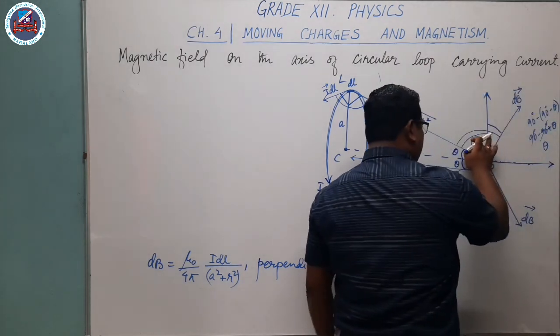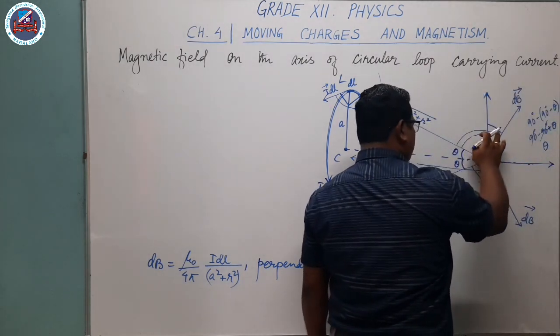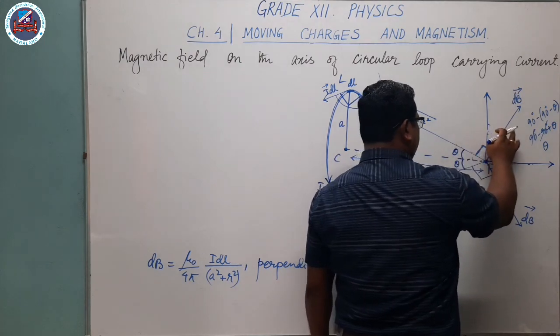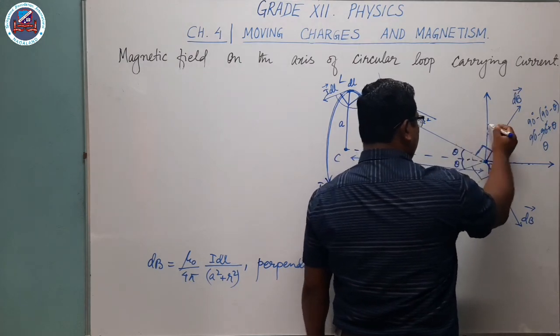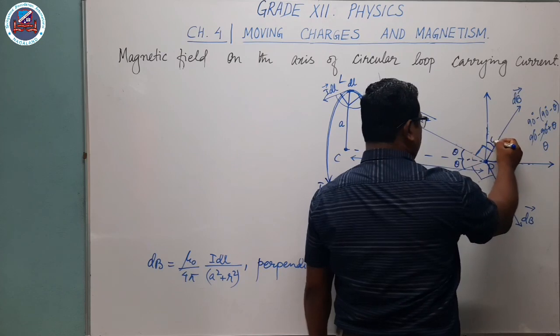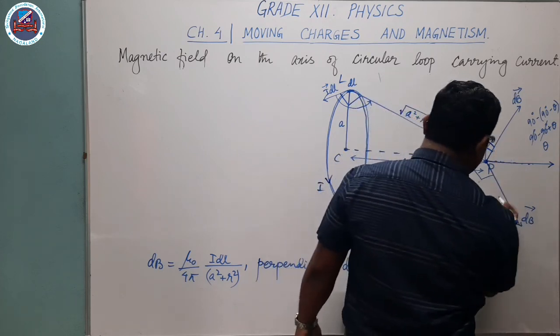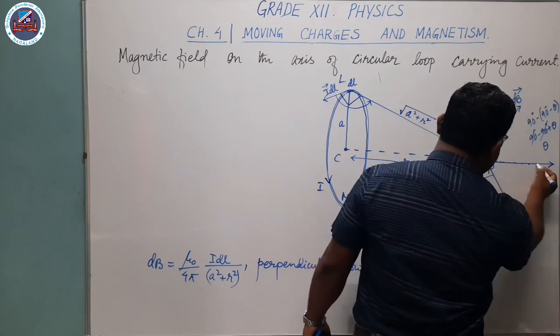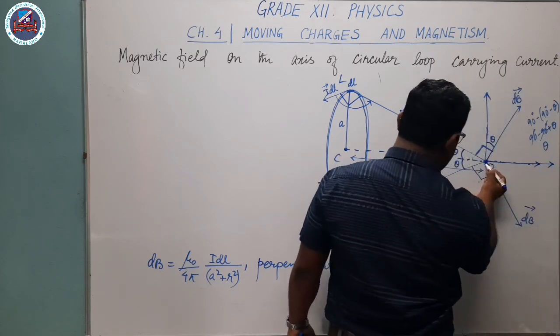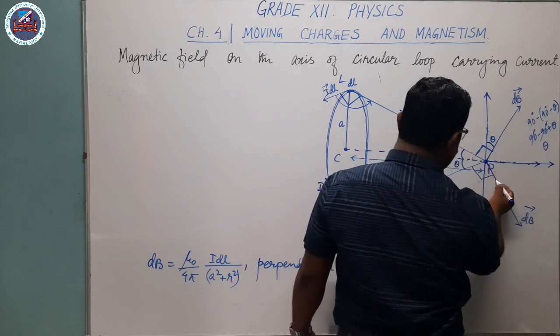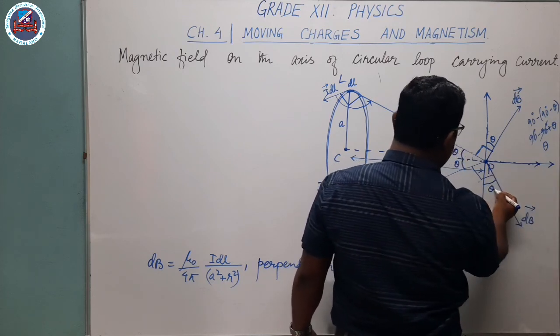This angle is theta. Like that, downwards also, if you resolve it, you will get one component along the x-axis, one along the y-axis, the perpendicular component and the horizontal component, and this angle will be theta.